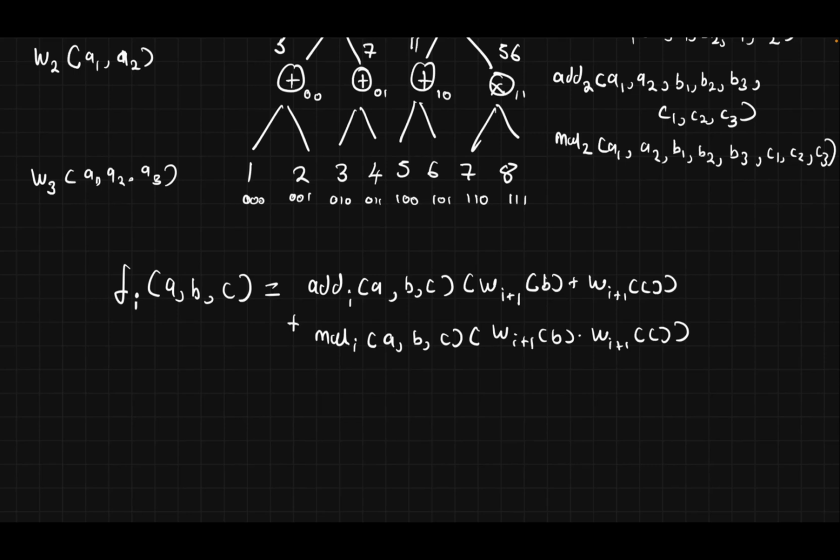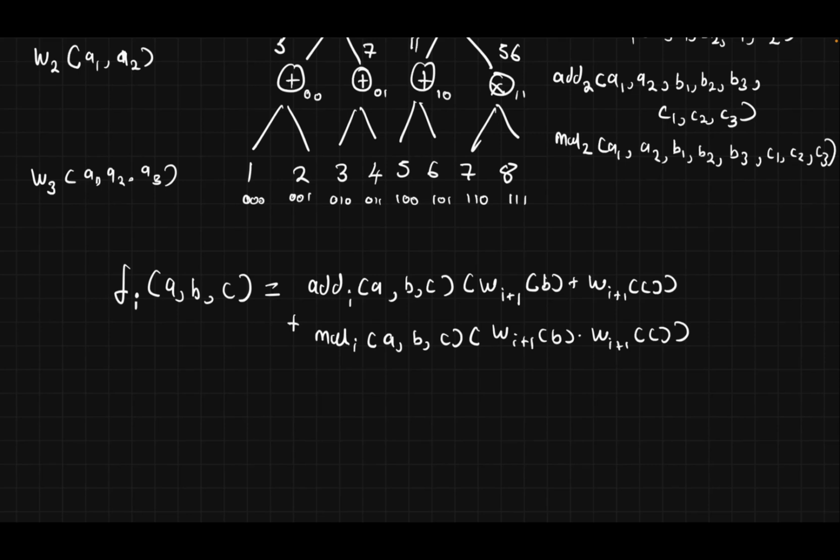So what this polynomial does is check that layer: is there actually a gate connection that has A as the output, B as the left, and C as the right? If it does not exist, it will return 0. If it does exist, then to figure out what that A node is, is it an addition gate or is it a multiplication gate?